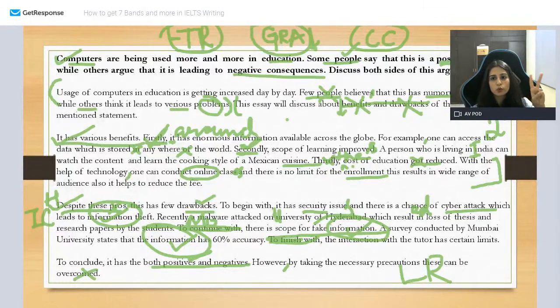Usually we recommend the 2-week course for the students who are already scoring around 6.5 and are struggling with only 2 modules. The ones who are struggling with all the 4 modules are suggested to go for the 1-month course, which has 22 sessions. So we work 5 days a week and we take 1 session every day for 1 hour, and each session is for 1 module.